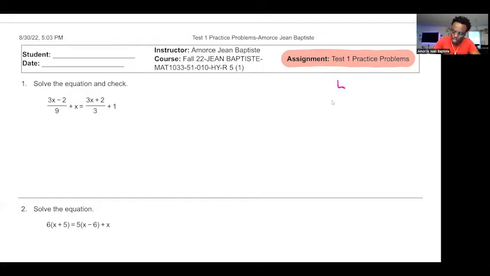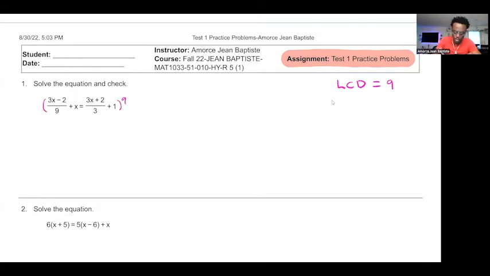In this case, 9, 1, and 3 are the ones that we see in the denominators. So 9 would be the LCD because that's the least common denominator for these fractions. So let's multiply by 9.